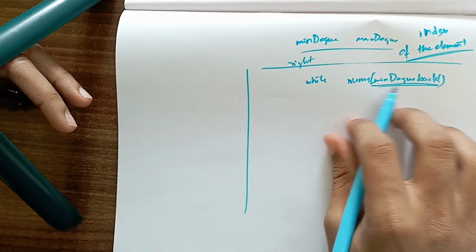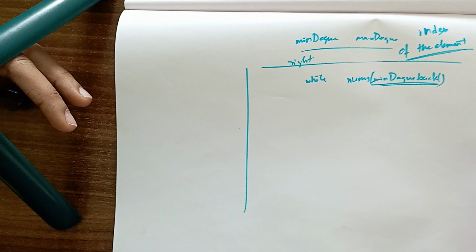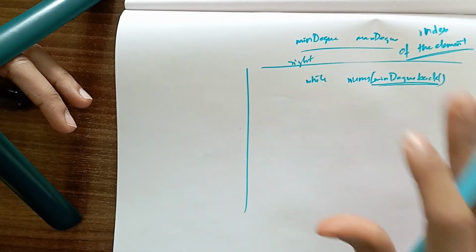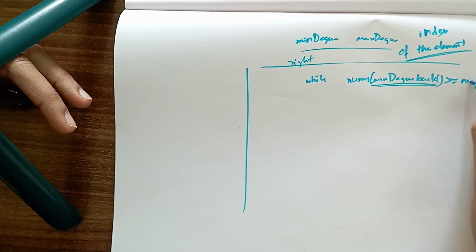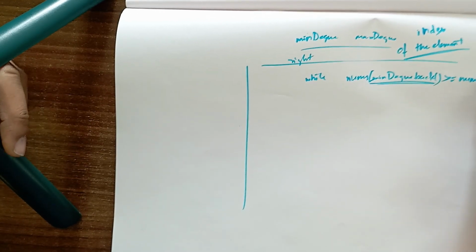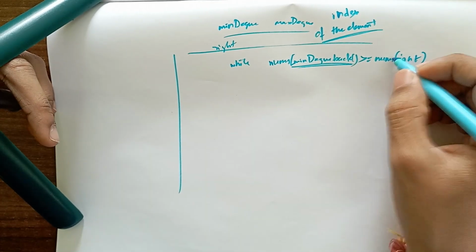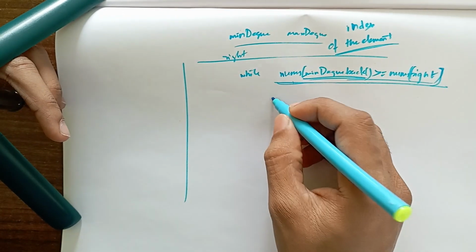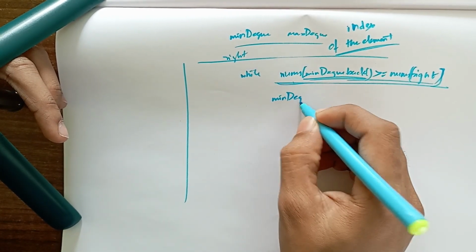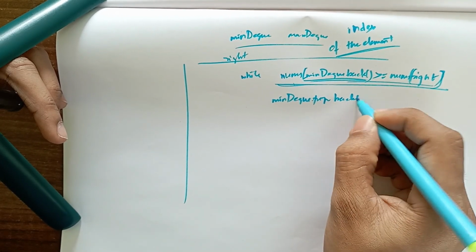Now, if nums of minimum deque dot back, the last element, is greater than or equal to nums of right, then we need to remove the last element.